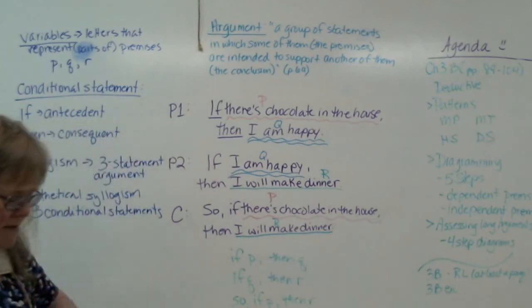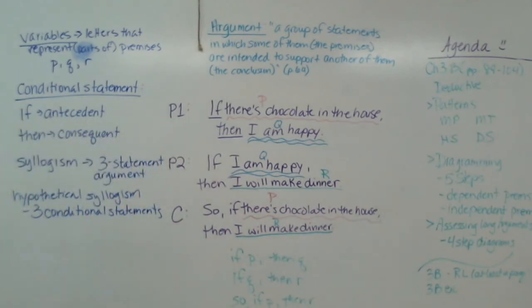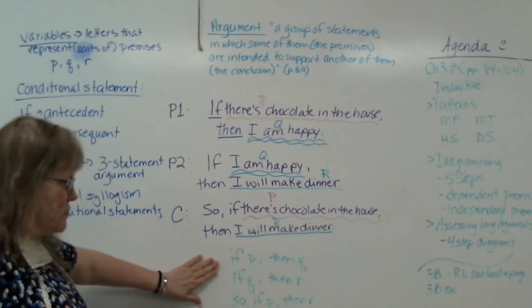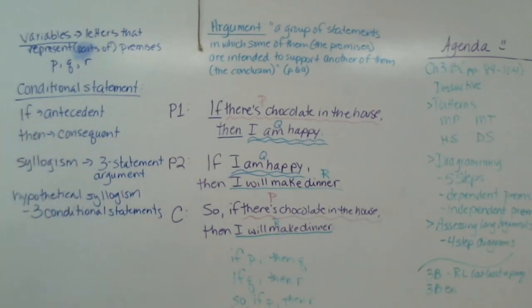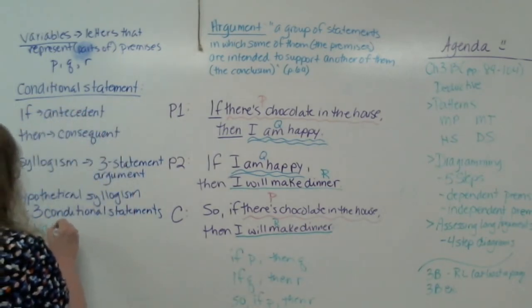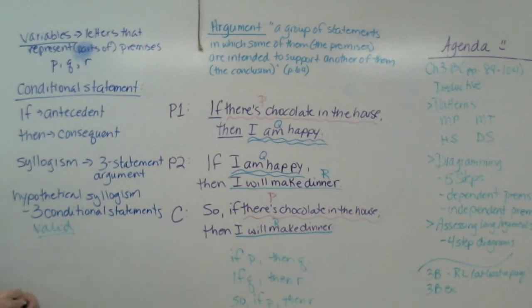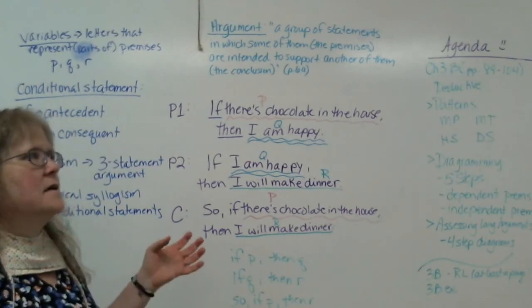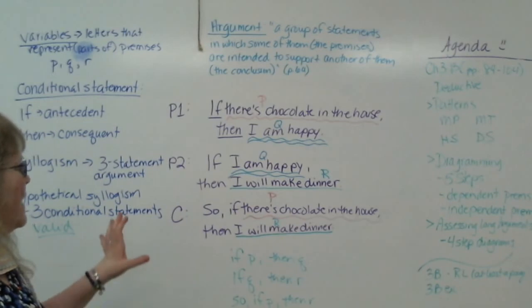And this is very similar to stuff you've had in algebra, right? If A equals B and B equals C, then A equals C, right? Same idea here. This particular structure is always valid, okay? So if it works this way, then we have a valid argument, okay? Is it true? Probably. Well, it's deductive, so it has to be true.